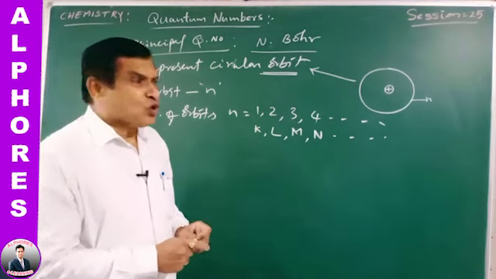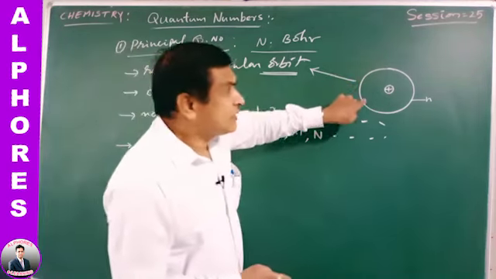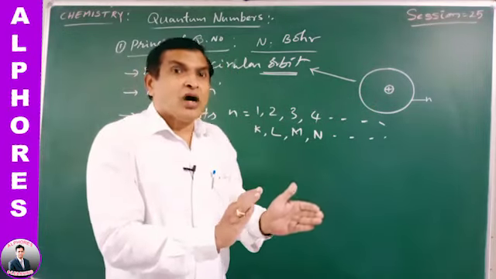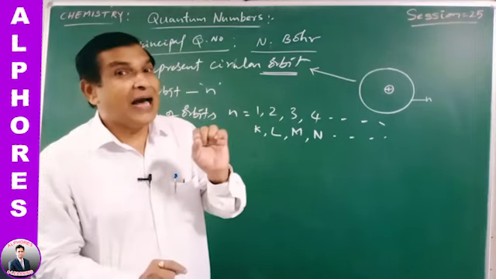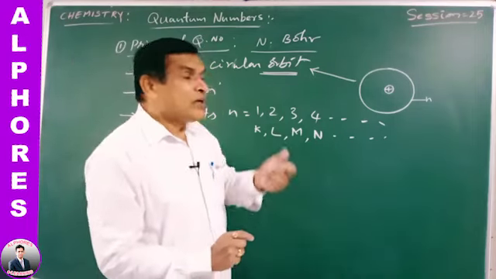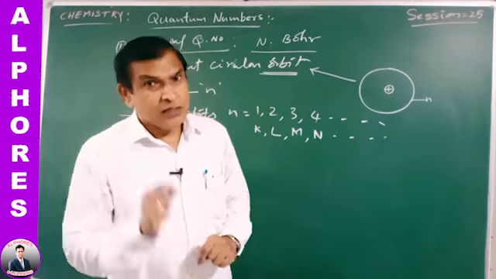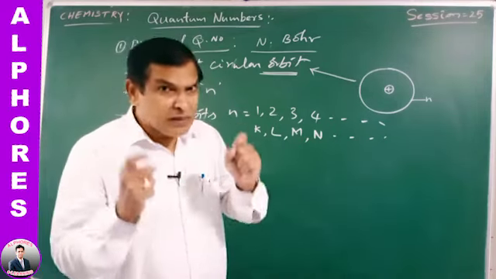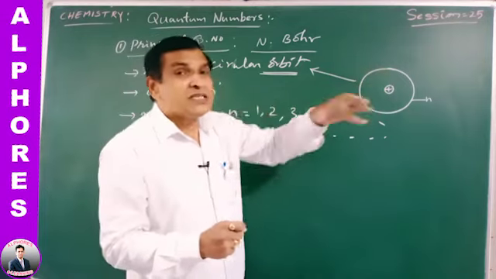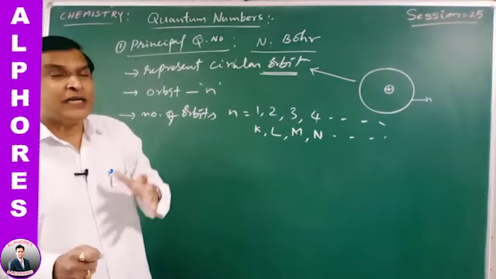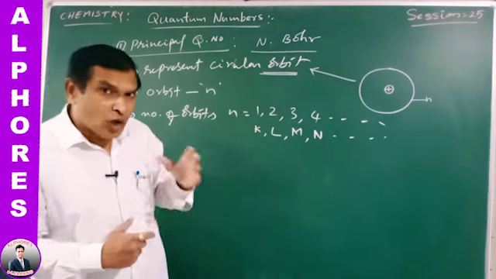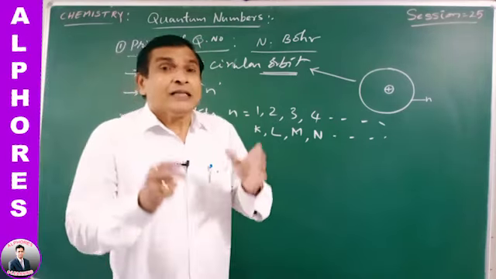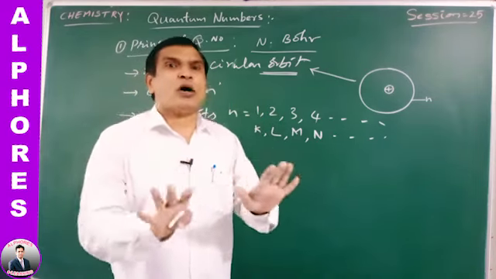As long as the electron is revolving in the circular orbit, it neither loses nor gains energy. It means each orbit is associated with a definite amount of energy. Or you can say, when the electron is revolving in the circular orbit, the energy of the electron remains constant.